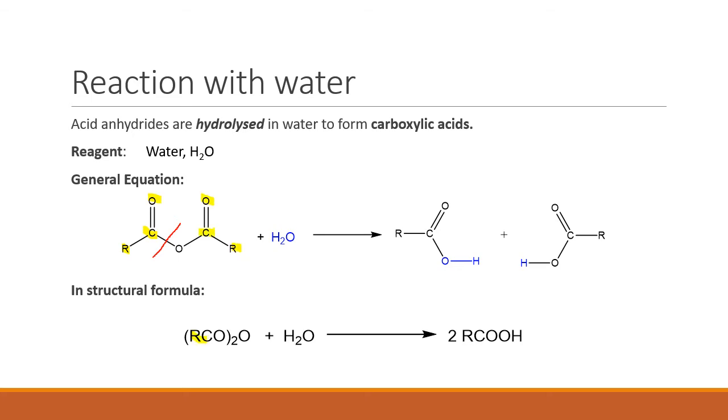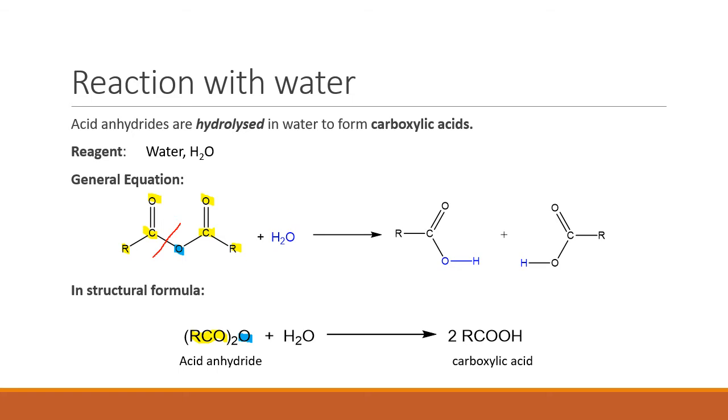I'm going to put that in the bracket here, and then the final O that's not repeated, that there's only one of, comes outside of the bracket. Obviously water's just water. And we've made two identical carboxylic acids because these two R groups are identical, so we can just write 2RCOOH. So that's our reaction with water.